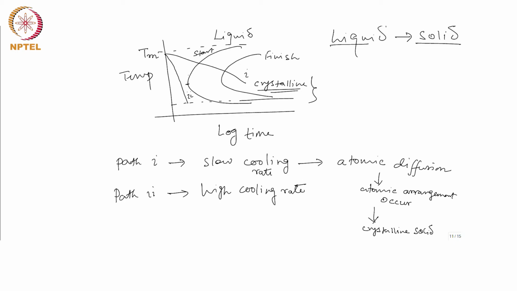And this also ensures that it does not intercept the nose of the C curve, and as a result of this, the solid will be transformed into an amorphous or glassy solid once it is cooled below this particular temperature, which is known as glass formation temperature or glass transition temperature.